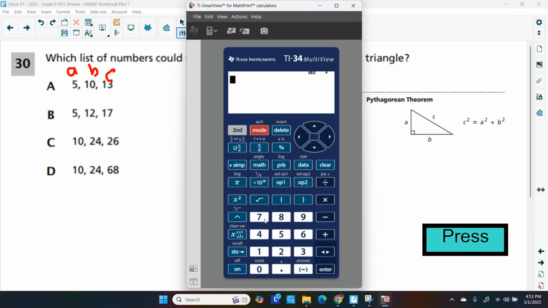So I'll put in my formula 5 exponent 2 plus 10 exponent 2, see what that equals to? 125. And now let me type in 13 squared. So if they're the same, no, they're not the same. So I cannot make a right triangle out of A. So A is no good.